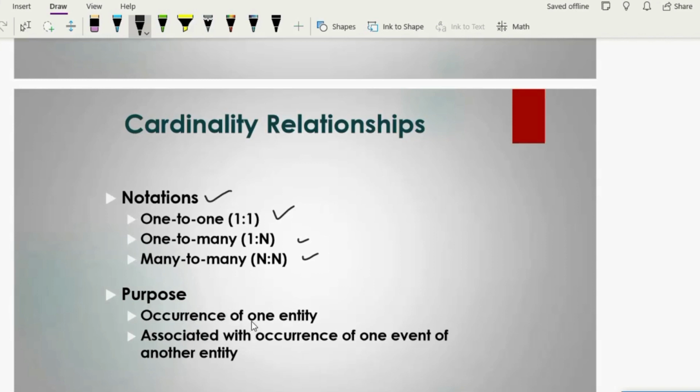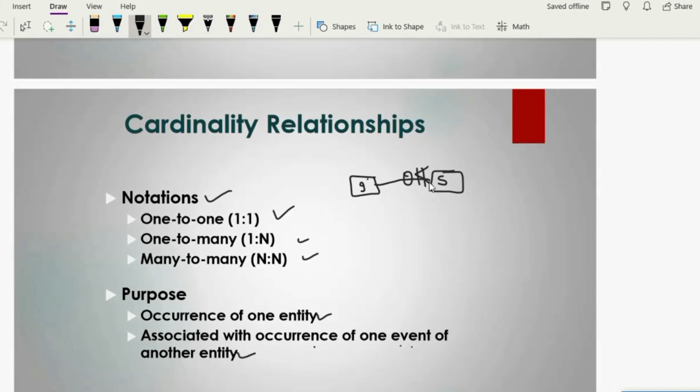The purpose is to associate the occurrence of one entity with the occurrence of an event or another entity. So why do we create the relation? For example, this is inventory and this is sale, so we have to define in the system that this inventory could be sold. Either we don't have any sale for this entity, we have one sale, or we have many sales for this entity.